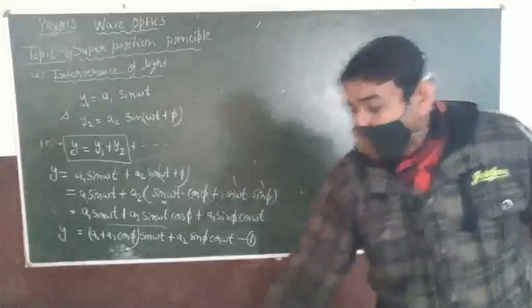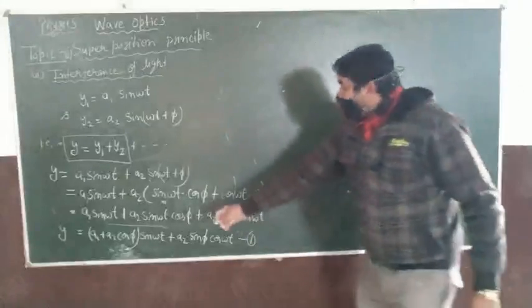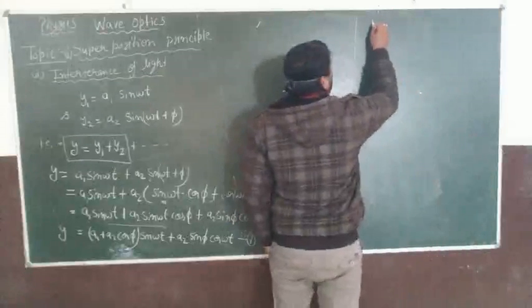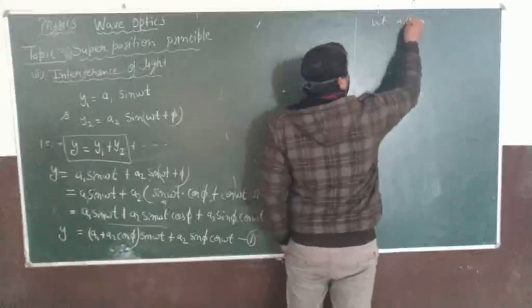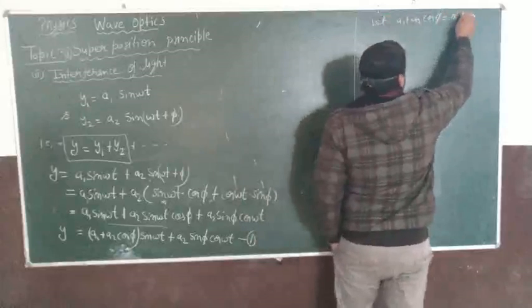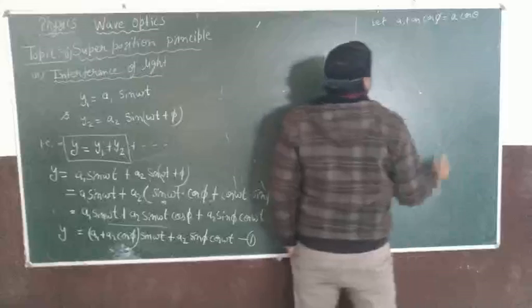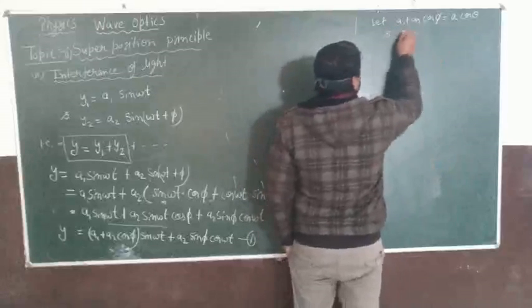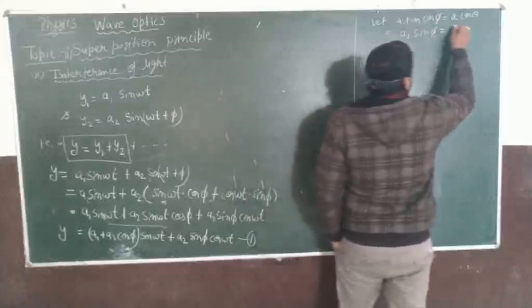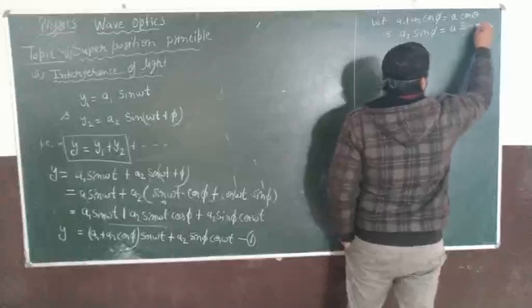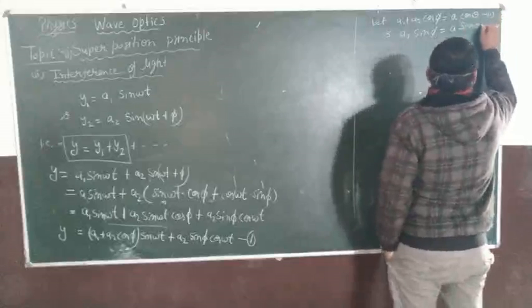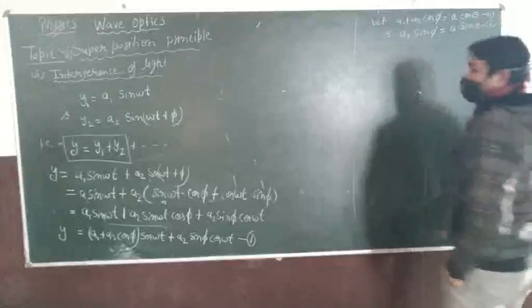Now, let A1 plus A2 cos phi be equal to A cos theta, and A2 sin phi be equal to A sin theta. These are equation 1 and equation 2.